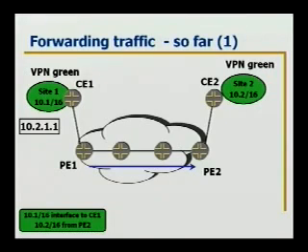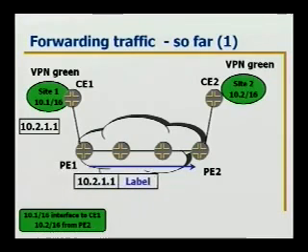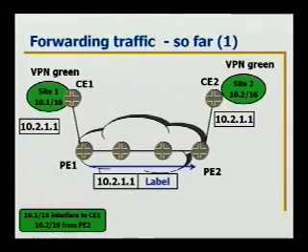I know that that advertisement came from PE2. Let me forward this traffic to PE2. Now, if there is a label switched path between PE1 and PE2, I'm going to just take the packet, encapsulate it into MPLS, put the appropriate label of this label switched path, and send it to PE2, and then PE2 should be able to figure out that this traffic belongs to VPN Green and send it to the right site.